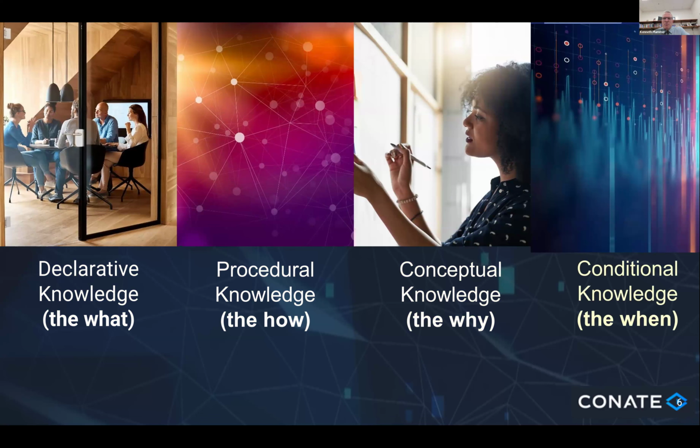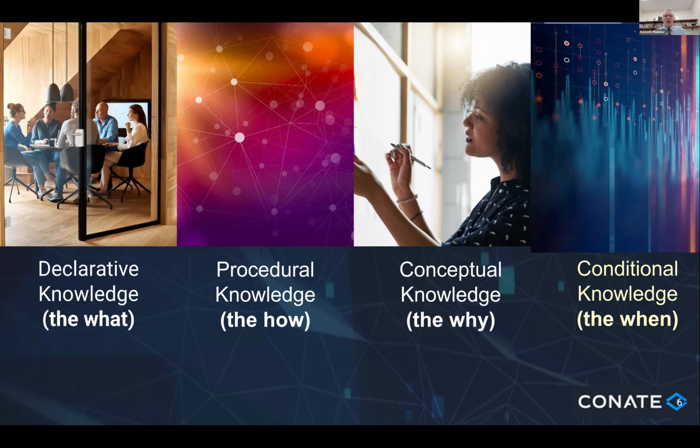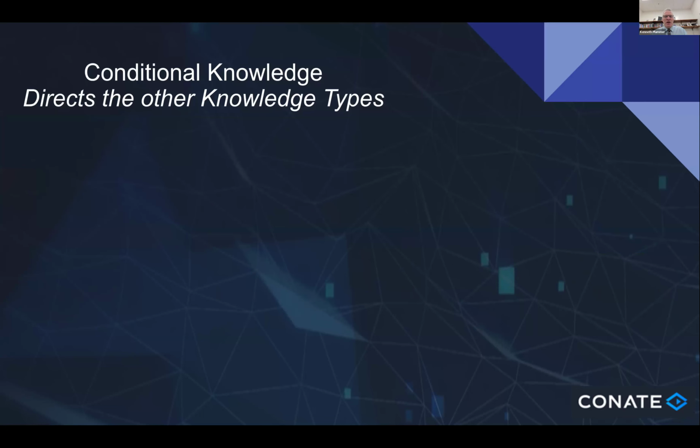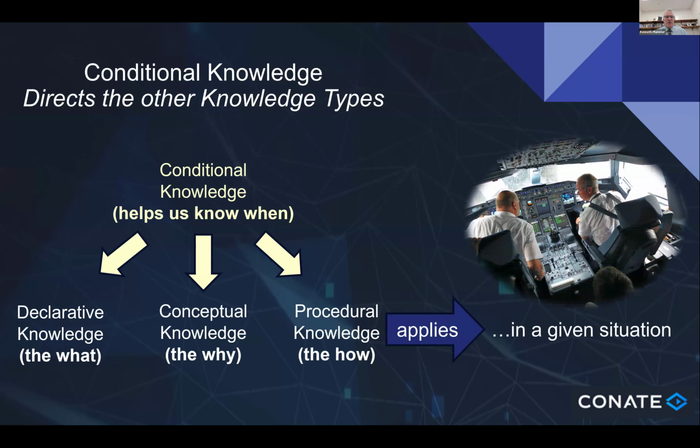And then there's this more obscure knowledge type in the literature called conditional knowledge, or the when. Conditional knowledge is what's been called in the literature the command and control. It's the type of knowledge that directs the other knowledge types. It is the when do I use conceptual knowledge, procedural knowledge, or declarative knowledge, given a certain situation.